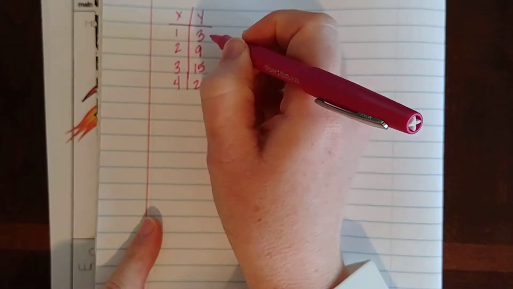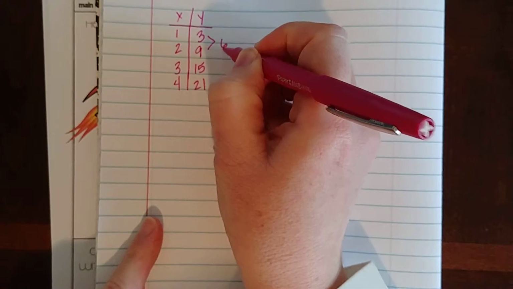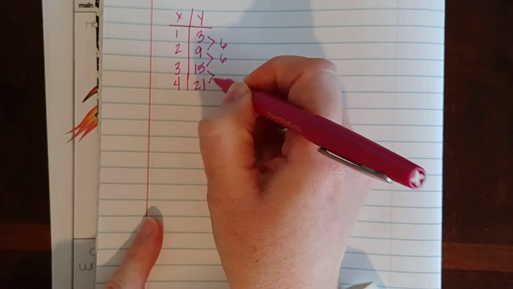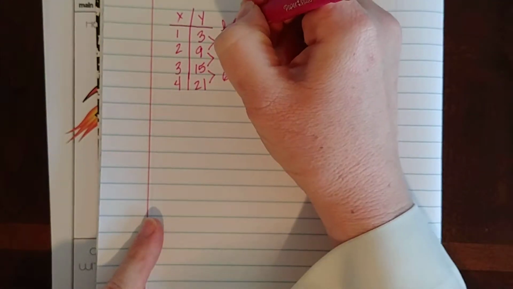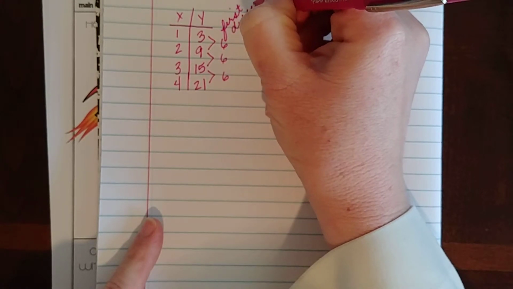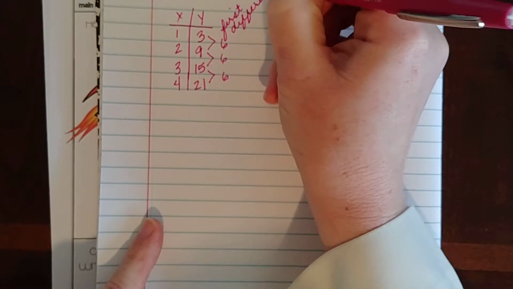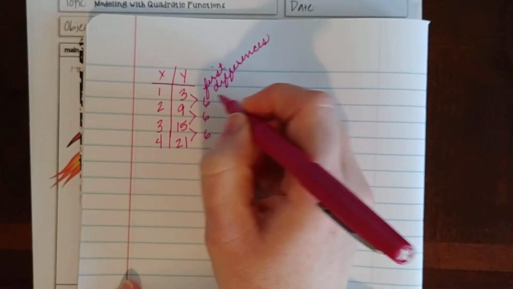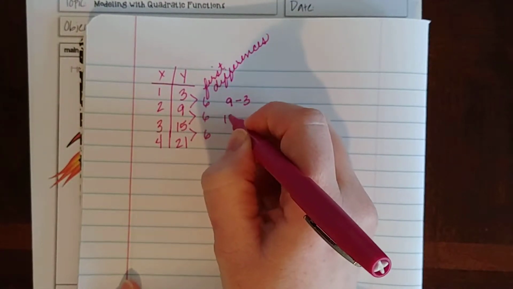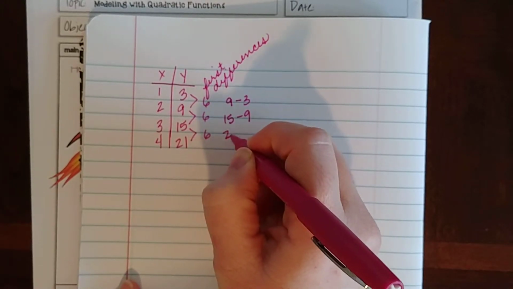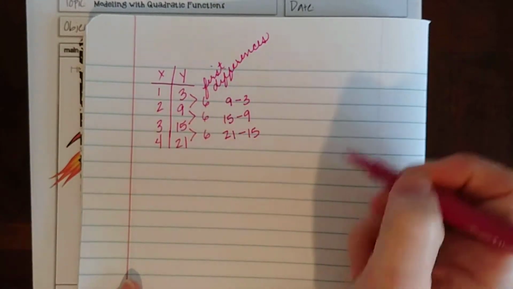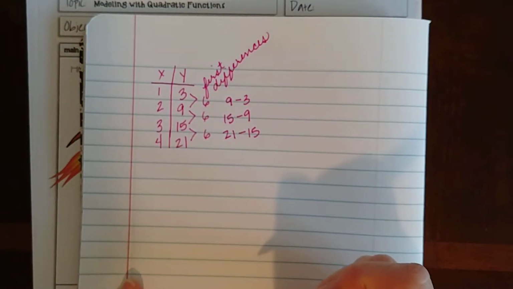Okay, so between 3 and 9 is 6, between 9 and 15 is 6, between 15 and 21 is 6. So these are called first differences. So what I've essentially done is I've taken 9 minus 3, then 15 minus 9, then 21 minus 15. If I were to graph this, I would get a linear function with the slope of 6.